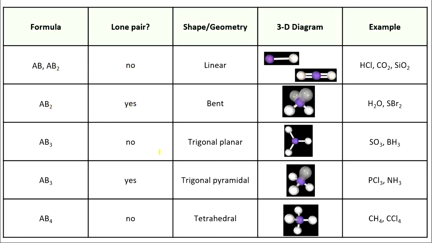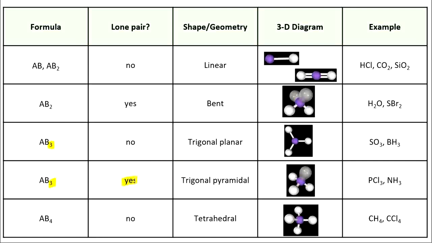Take a look at the trigonal planar and trigonal pyramidal general formula. How do we know that something is a trigonal shape? Because in the general formula, it's indicated with the 3. What does tri mean? It means 3. So here, how do you know the difference between a pyramid versus a planar shape?